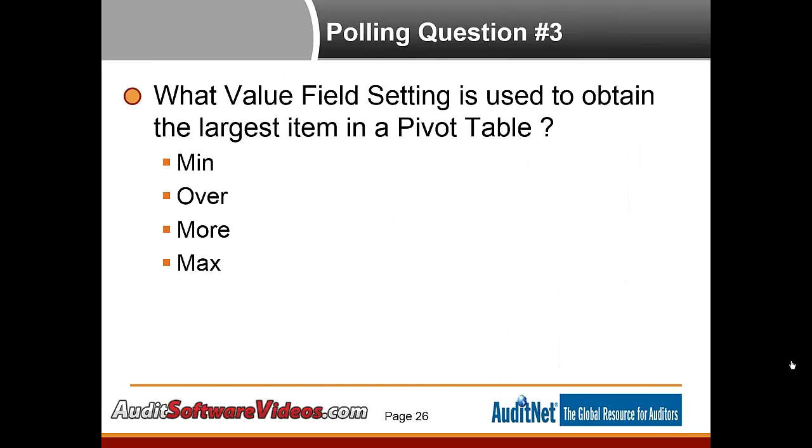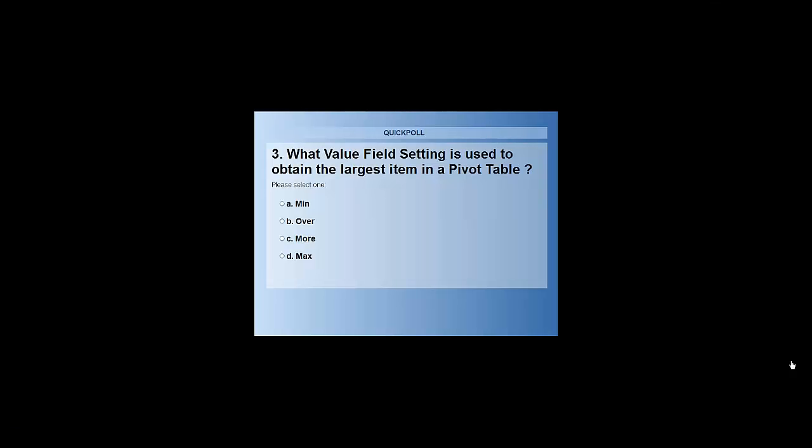All right, let's go to the next polling question. I do see a lot of questions coming in, so I want to get to those as well. The question is, what value field setting is used to obtain the largest item in a pivot table? Min, over, more, or max? We'll give everybody a few seconds to answer.